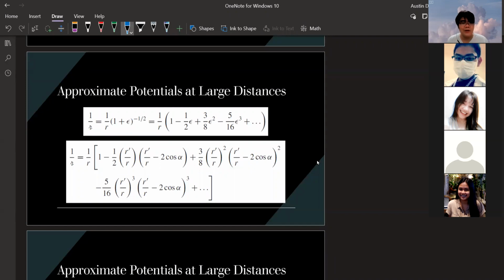Okay, ang gagawin ko is I would isolate the constants. Then I have to isolate r prime over r. Okay? And then r prime over r squared. R prime over r cube. And so on and so forth.